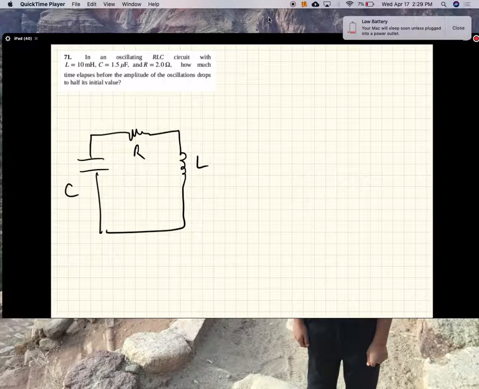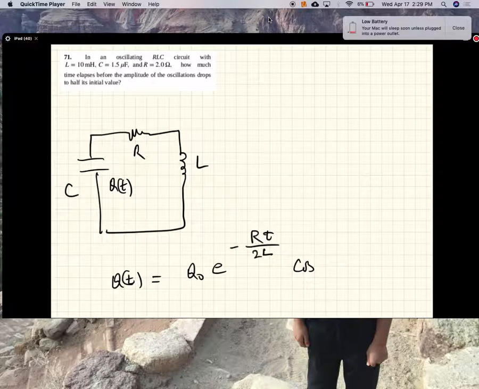And what you will find is, let's say Q of t is the charge, and I looked up the expression, with cosine omega D t.